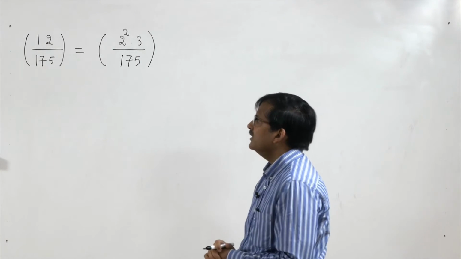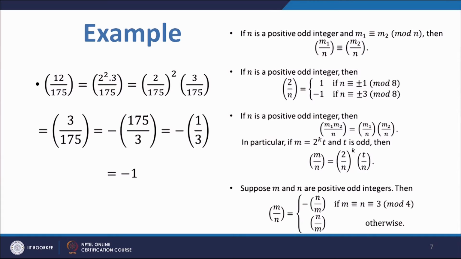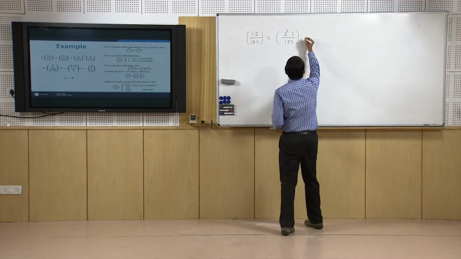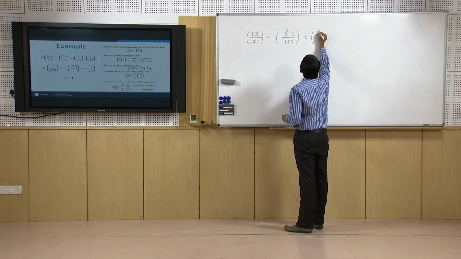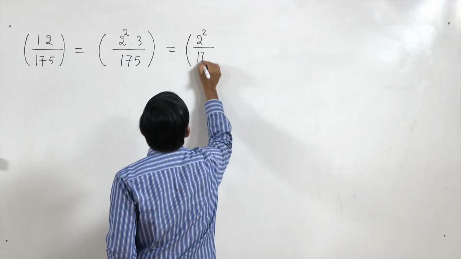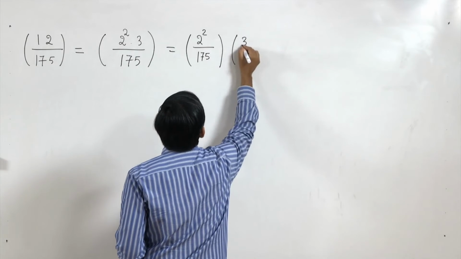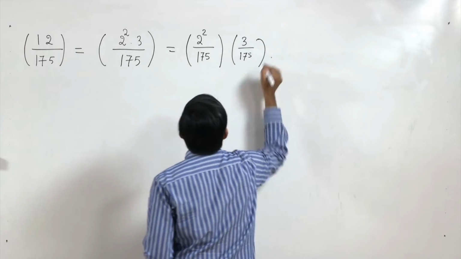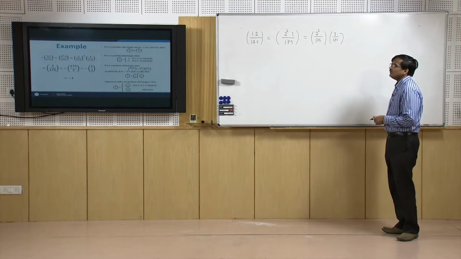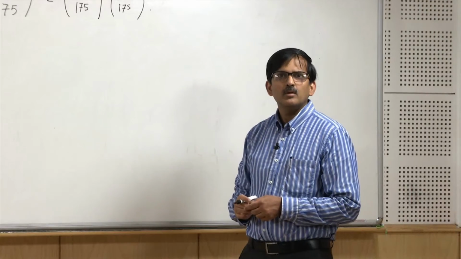And now I can use the third property, which lets me factor out the symbols. So, I will get something like this: (2/175) squared and (3/175).